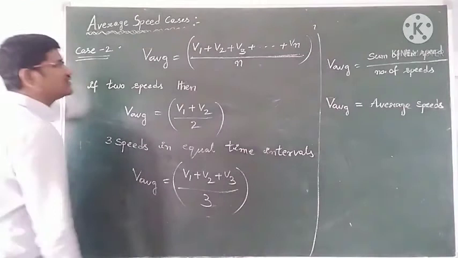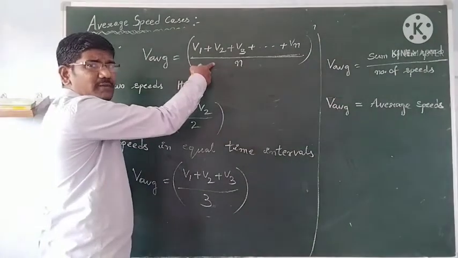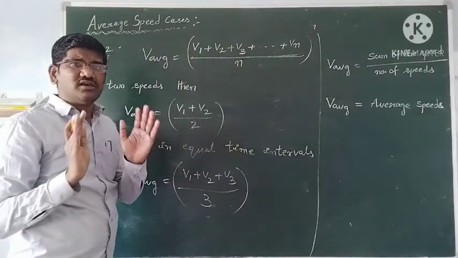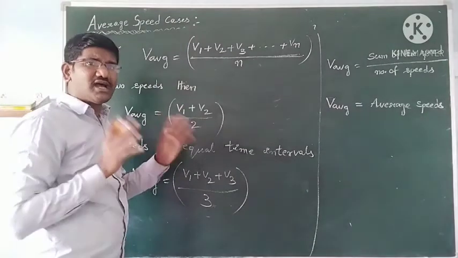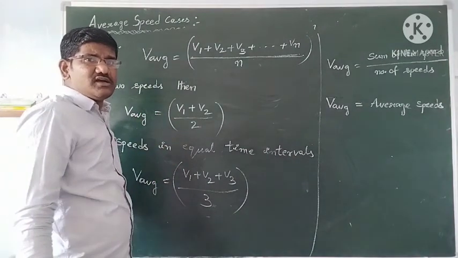If n are there, this is the formula. But times must be the same while you are traveling with different speeds. These are the different cases we have.